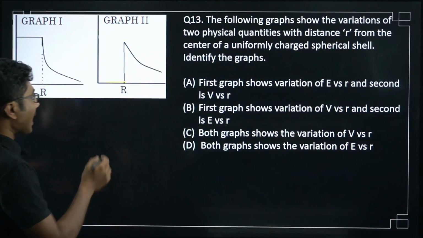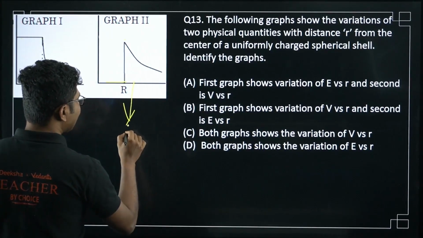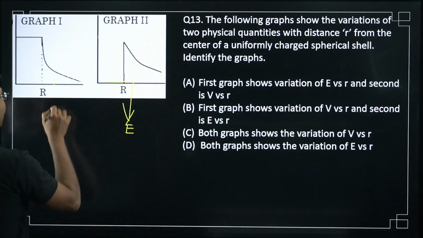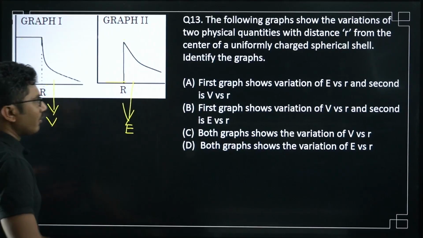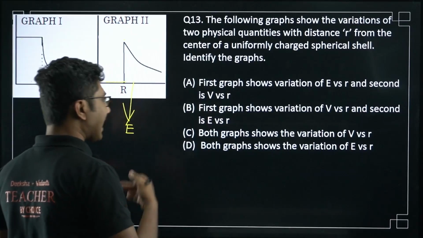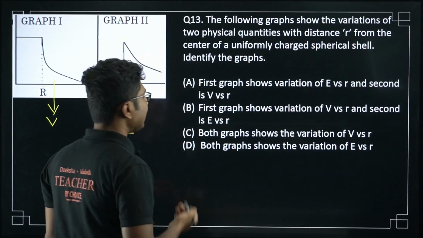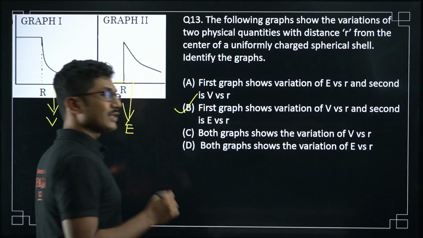Now as we know, this is a graph of electric field, and this is a graph of electric potential. So the first graph shows the variation of V versus r, whereas the second graph shows the variation of E versus r. So definitely option B is correct.